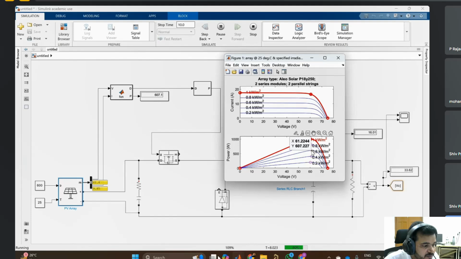You can say this is the curve of maximum power point versus voltage, and the current is there at 600 watt. The maximum power current is 9.8 ampere approximately. This one you can say same power, same current is here.